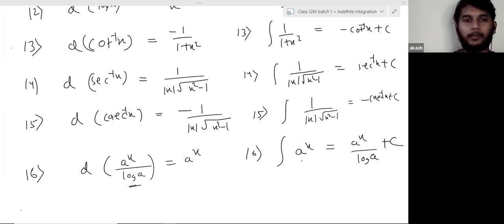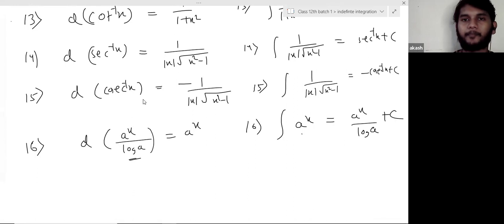All right. So please memorize these formulas by next class.